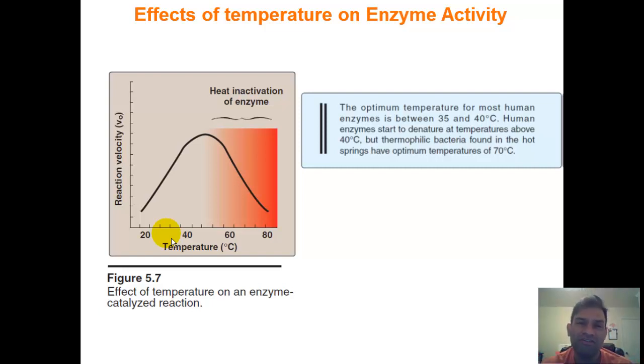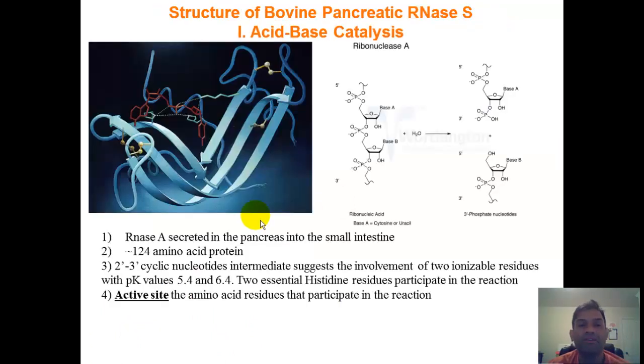You can imagine if you lower the pH, make it more acidic, you protonate the enzyme and help it denature. If you make the pH very high, very basic, you'll deprotonate certain amino acids in the enzyme. And also, if you raise the temperature of an enzyme, it's going to denature as well. So main point here: optimal pH, optimal temperature for an enzyme.